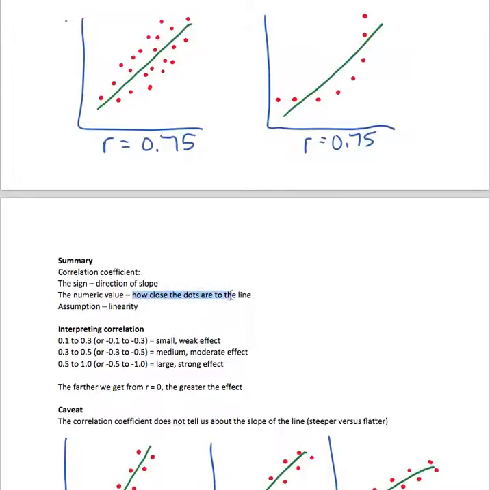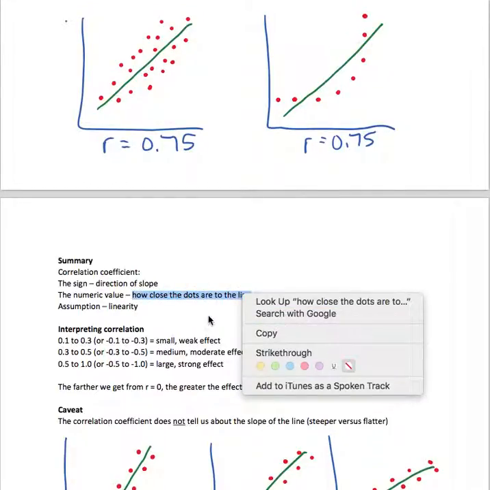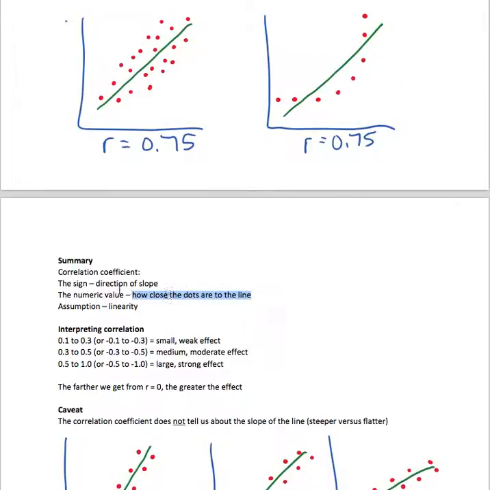And I want you to burn that into your brain, because I think a lot of times people think that numeric value means something else, and I'll go over what that is, but it's how close those dots are to the line. If they're all very close, then the correlation coefficient will be closer to 1 or negative 1.